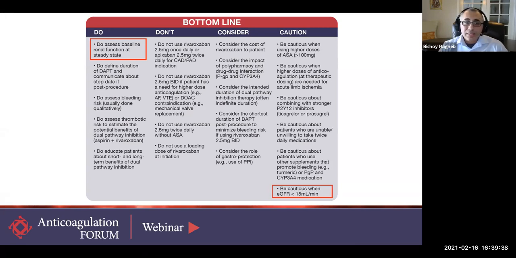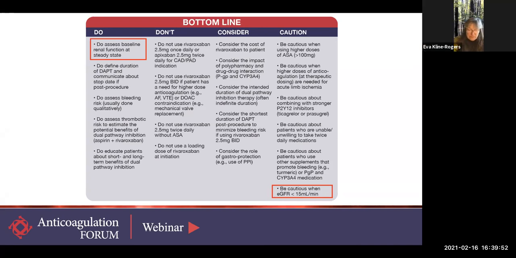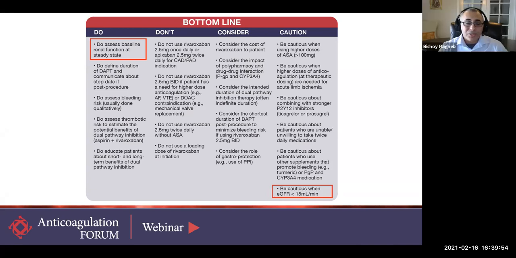One thing to consider here is that within the VOYAGER and COMPASS trials, the renal function was based on eGFR, and patients were excluded if eGFR was less than 15 mLs per minute. Generally, we are used to seeing dosing adjusted based on creatinine clearance of actual body weight, but in this particular instance, we want to focus on eGFR and make sure it doesn't go below 15 mLs per minute.